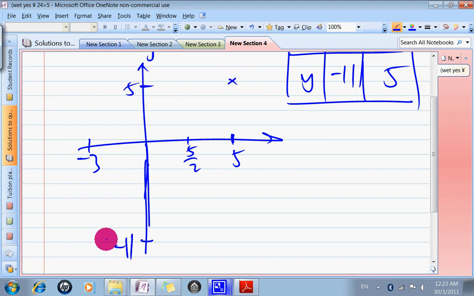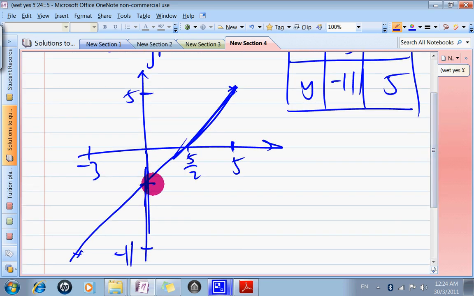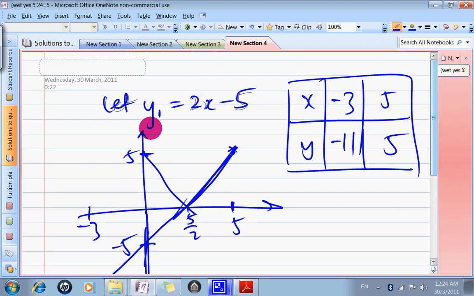It's a straight line which cuts the y-axis at negative 5. So when you reflect it up, this point will be reflected to here, and negative 11 at x equals negative 3 will be reflected to 11. I use a red marker.